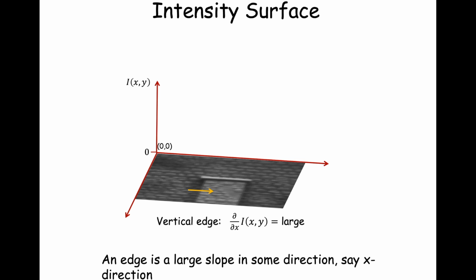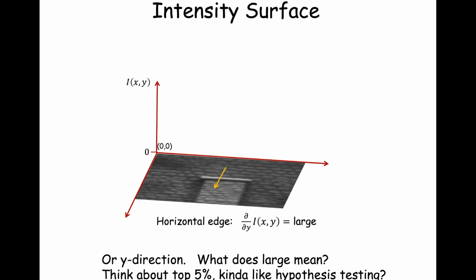A vertical edge is nothing more than a large gradient or large slope in the x direction in image coordinates, a large slope in the intensity surface or the intensity function. Likewise, what is a horizontal edge? If we look at our scan line in the y direction in image coordinates, here we go from a dark pixel to a light pixel back to a dark pixel.